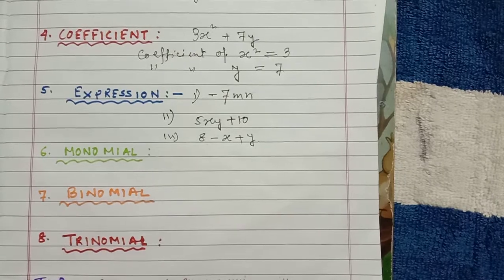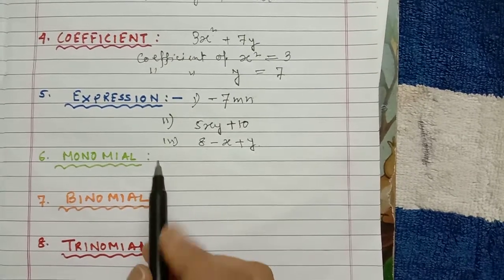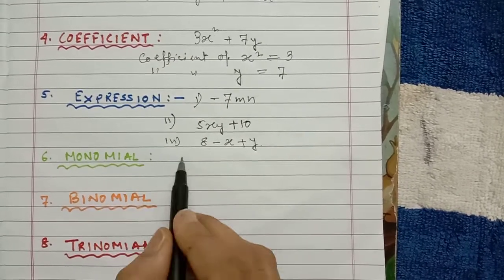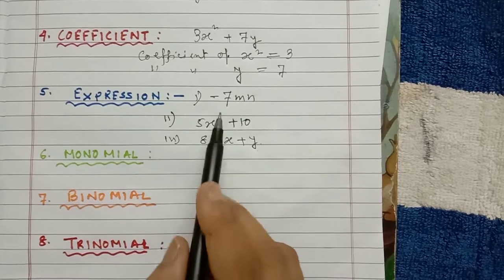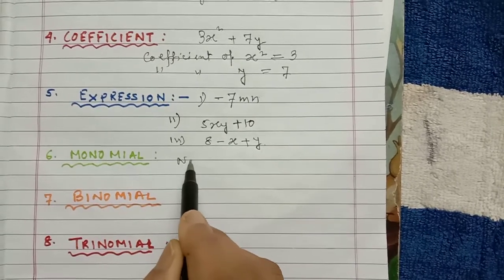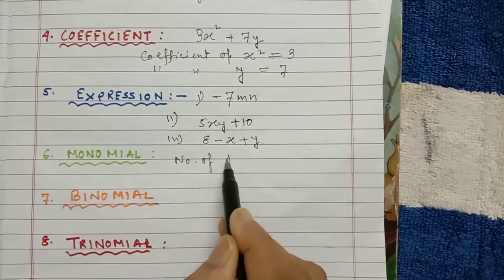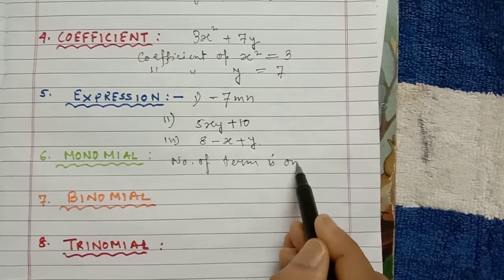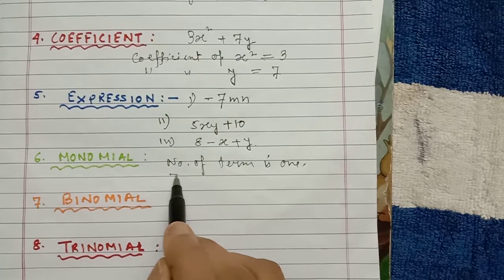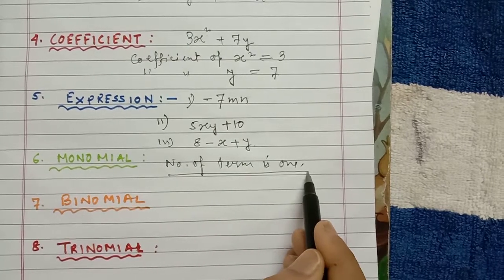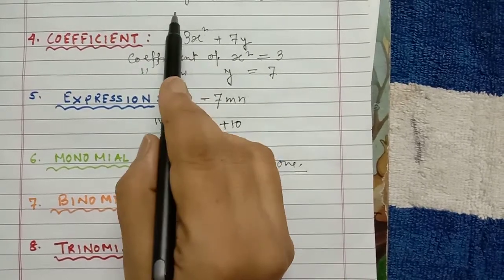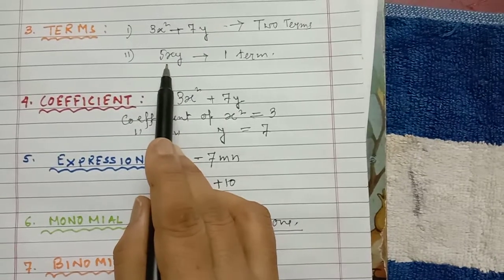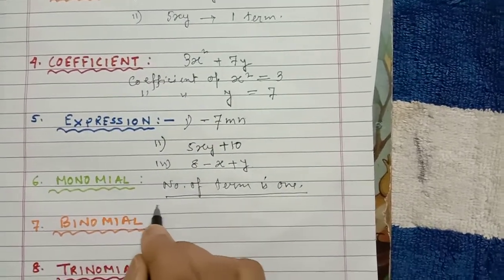Now come to monomial, binomial and trinomial. What is the difference? When the number of terms is 1 only, then it is a monomial. So let us give some examples of monomial. Here 5xy is a monomial.